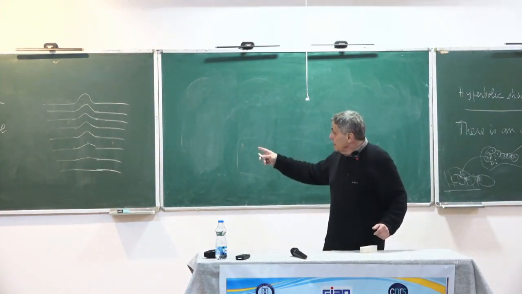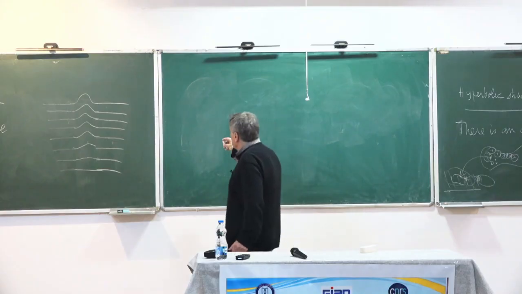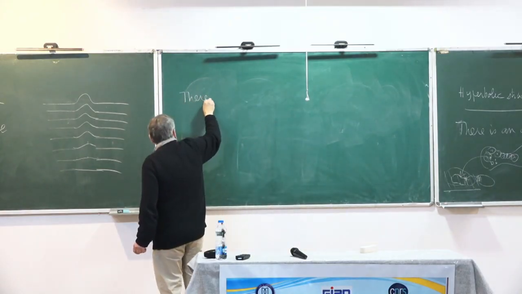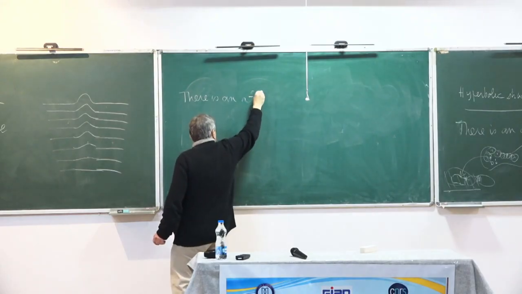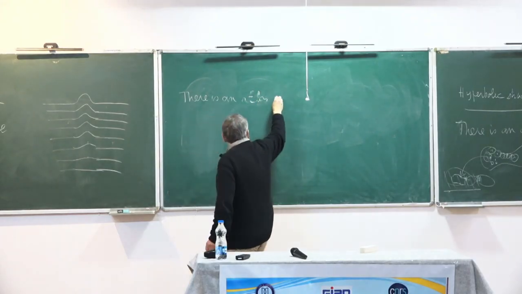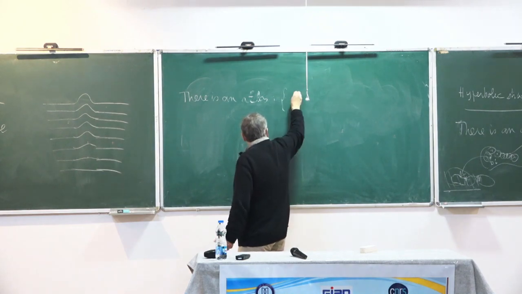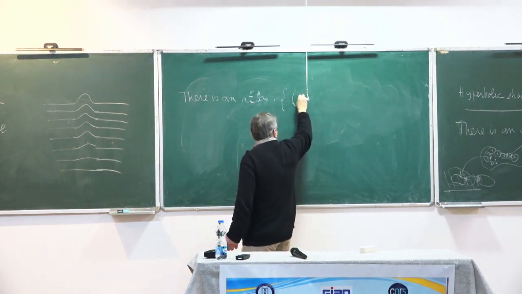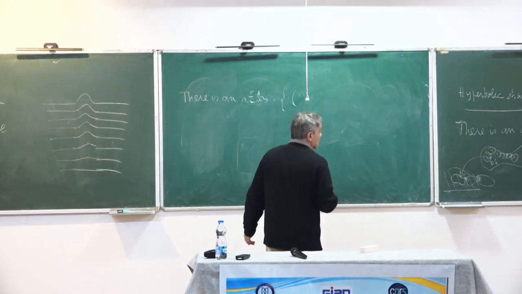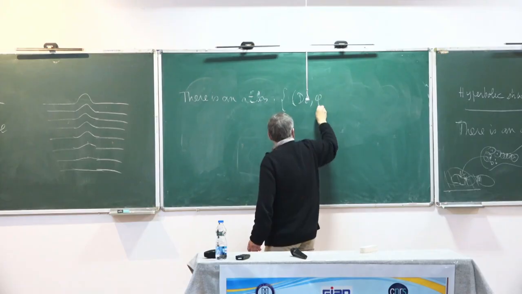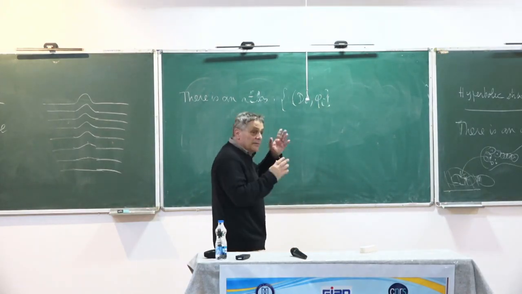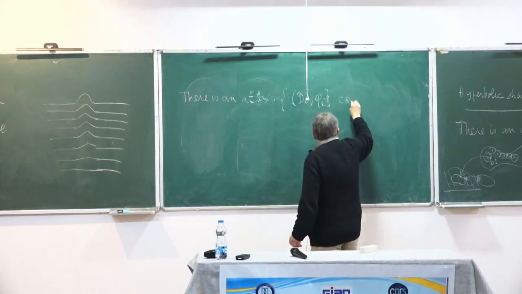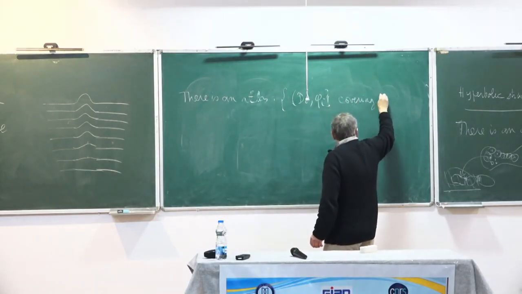So for a foliation, there is an atlas, a collection of charts covering the surface.